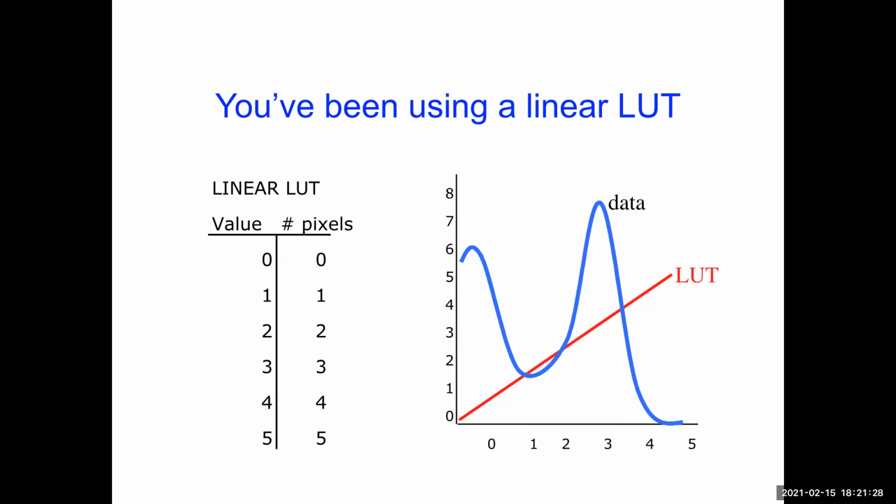And of course, yes, a lot of the time this is what we want. We certainly want access to this image. But there are reasons why we sometimes mess with the lookup table and don't use just a straight up linear lookup table.